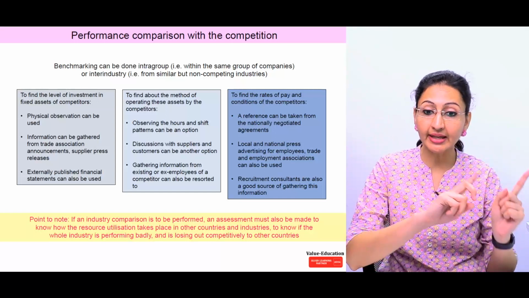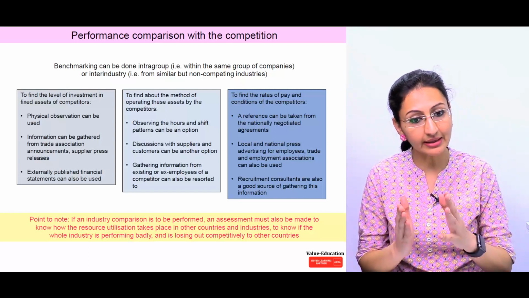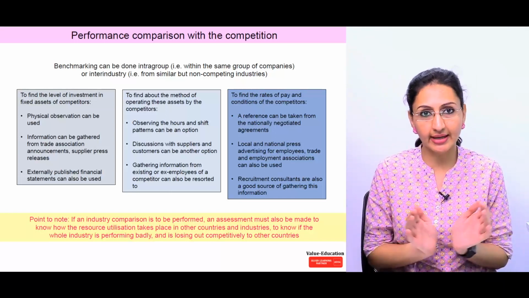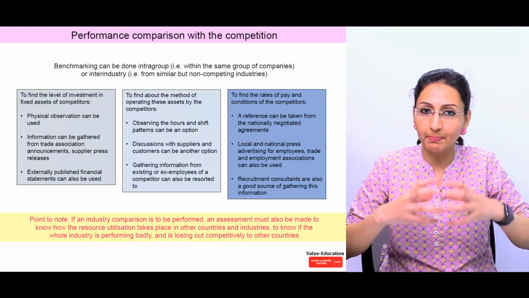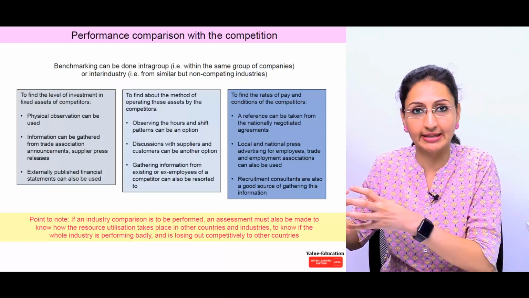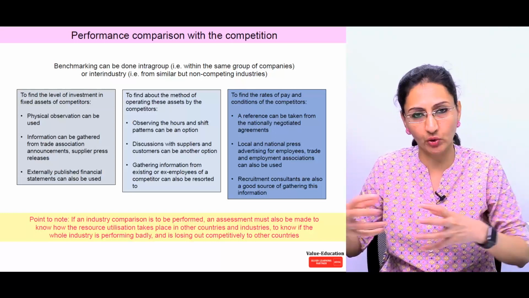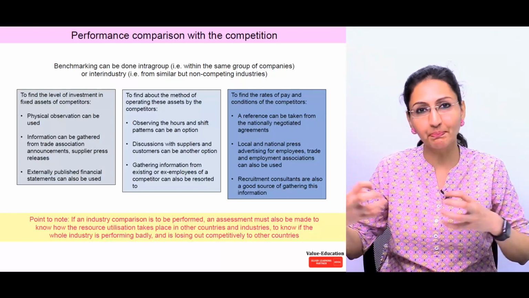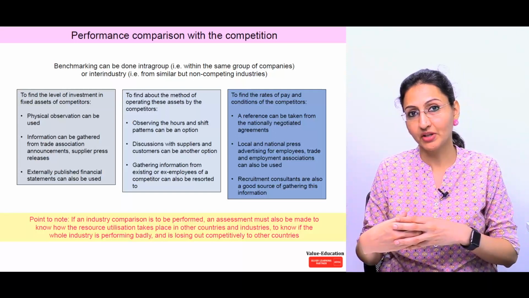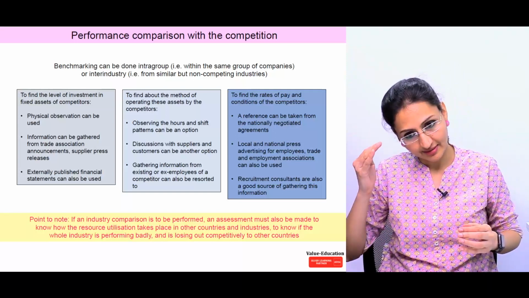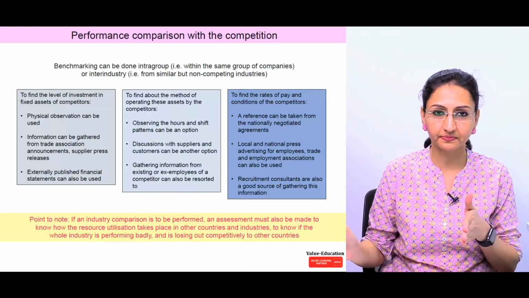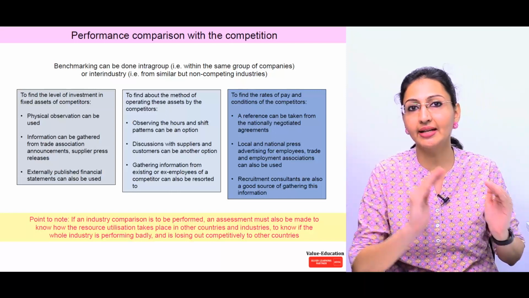Now, what's inter-industry? Inter-industry means, now there is a particular industry, let's say textile industry. When you try to compare their productivity with the productivity of the FMCG industry, although that's quite stupid to compare, non-competing firms, if they try to keep benchmarks related to these non-competing industries, FMCG versus textile, that's inter-industry.